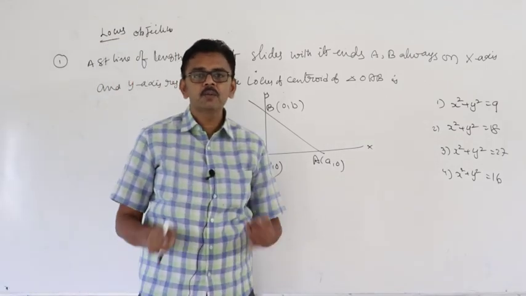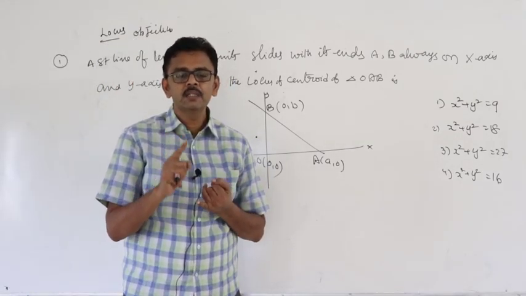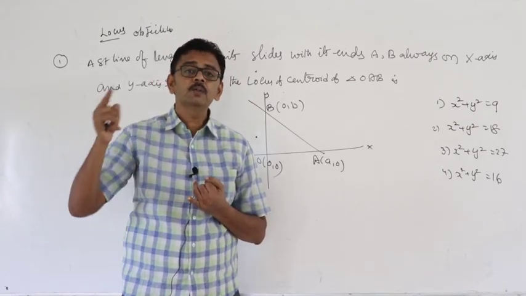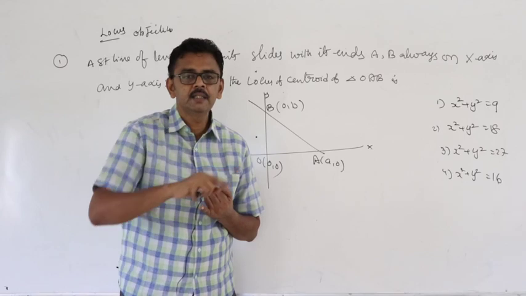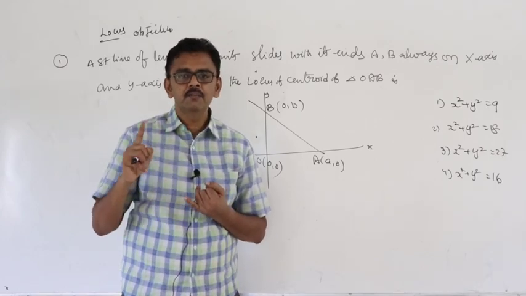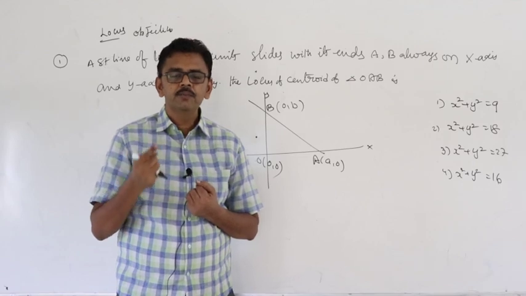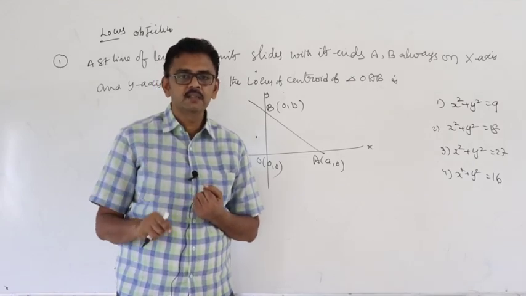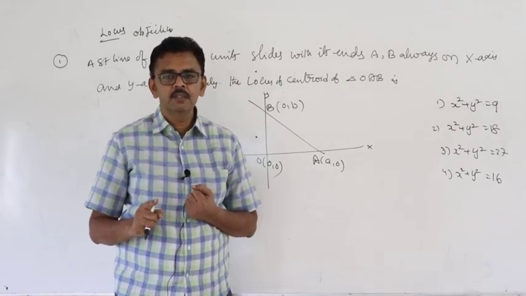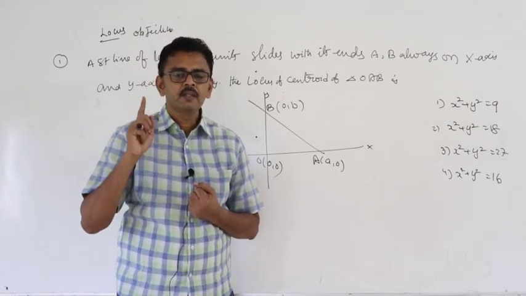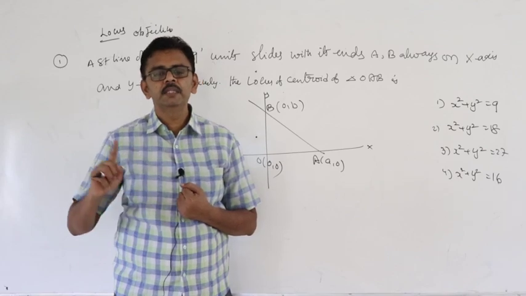To find the locus of centroid, let x1 comma y1 be the centroid. To find the locus of circumcenter, let x1 comma y1 be the circumcenter. To find the locus of orthocenter, let x1 comma y1 be the orthocenter. To find the locus of incenter, let x1 comma y1 be the incenter.